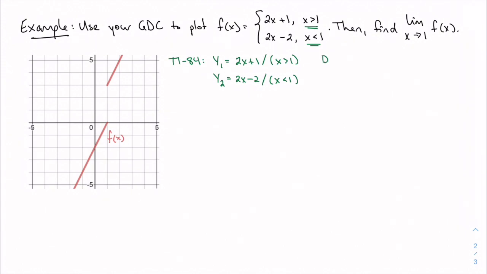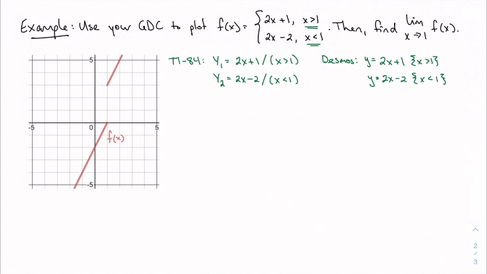And then if you choose to do this on Desmos, instead of division with the parentheses, I'm just going to have my curly brackets, 2x minus 2, x less than 1. So there they are. Fortunately, I've already done that for you, and it's right off to the left there.